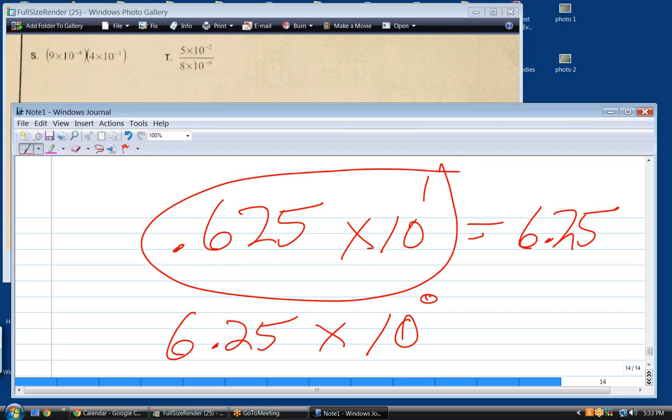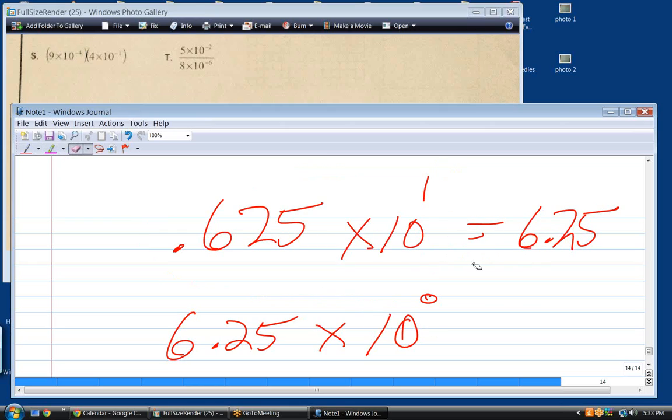So if you forget something like this, always fall back on a situation with small numbers where you know exactly what's going on. If this exponent is 13, I don't know what's going on. I got to fall back on my memory. But if it's 1, I know that 10 to the 1 is 10. So this number times 10 has to be this number. Well, if I'm going to express this number in scientific notation, it's 6.25 times 10 to the 0, because 10 to the 0 is 1.